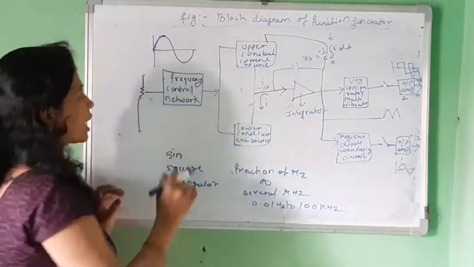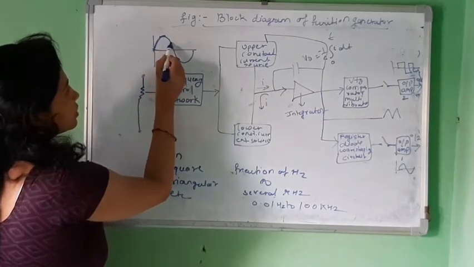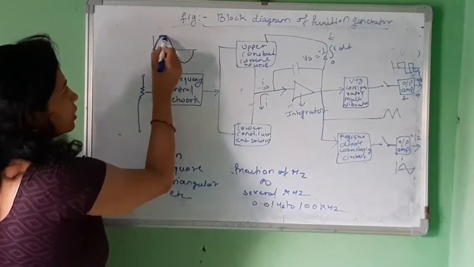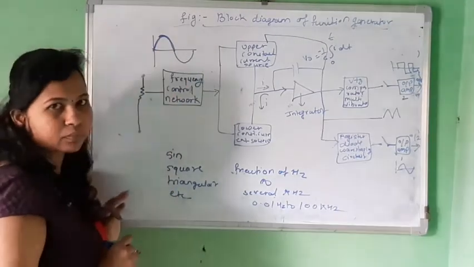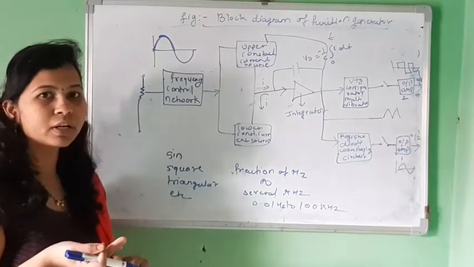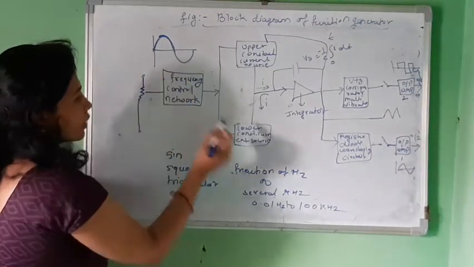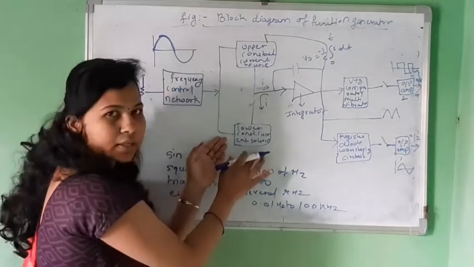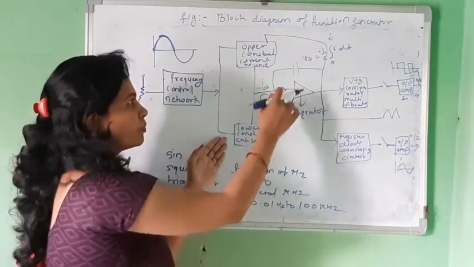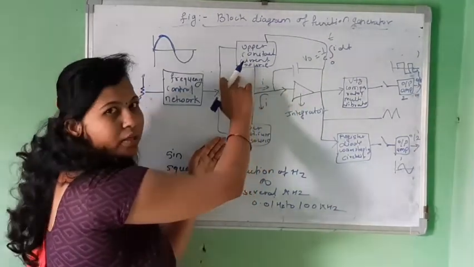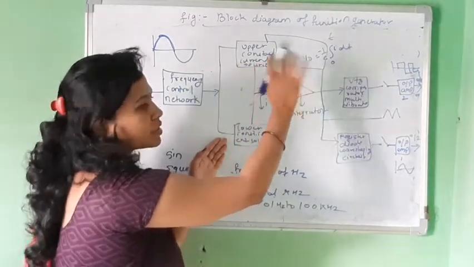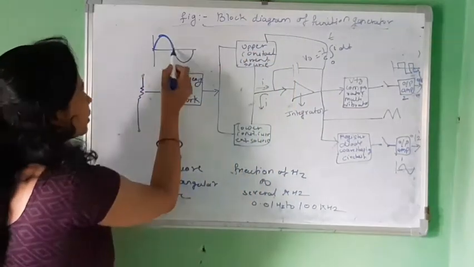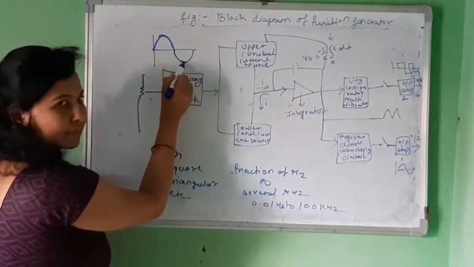When this is on, the capacitor will get discharged. Discharge means the waveform is like this. Again this procedure will continue in the same way. Then the lower constant current source will get off and the upper constant current source will get on. The capacitor starts charging and the waveform is like this.